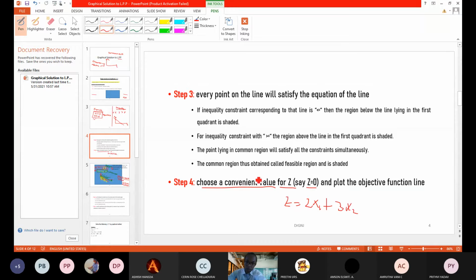For step number 4, let's say z is equal to 0. What does it mean? It means 2x1 plus 3x2 should be equal to 0. So we form it as an equality equation and solve it to find the value. That's step number 4.